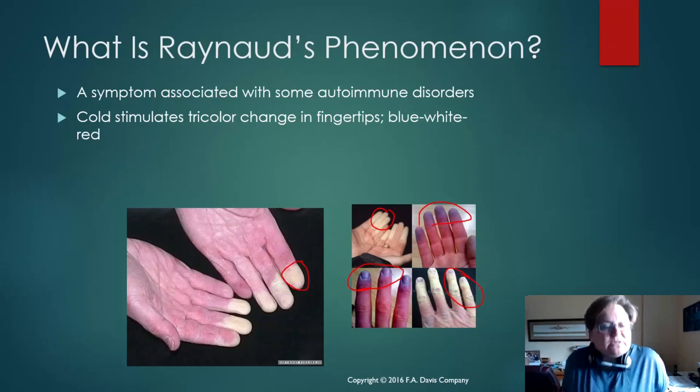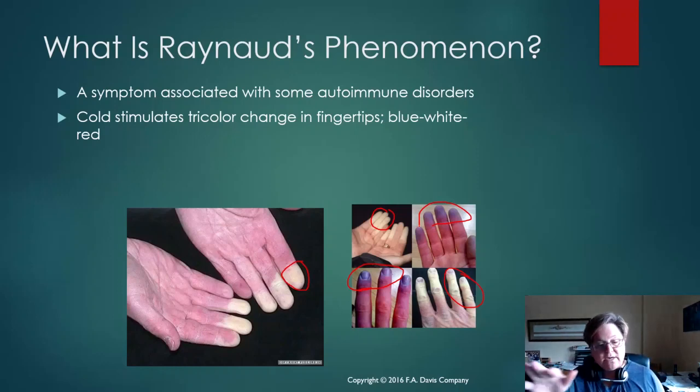Patients have varying degrees of severity. This also causes pain. It's usually not painful when it's white or blanched. But when the fingertips are full of blood and they're purple or red, it can be very painful.